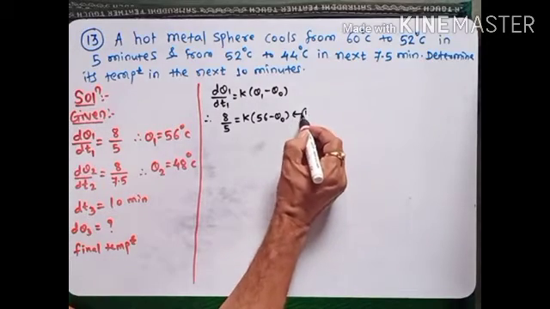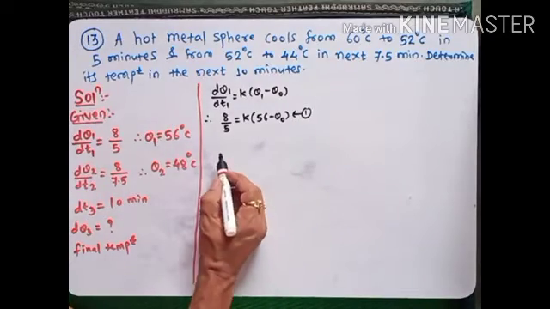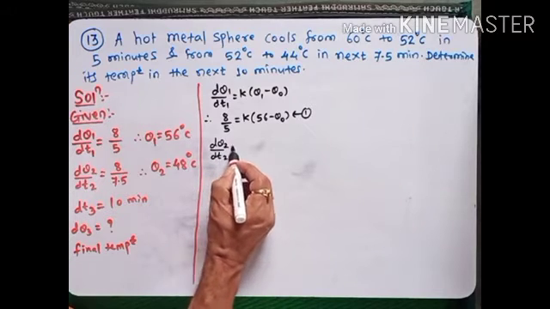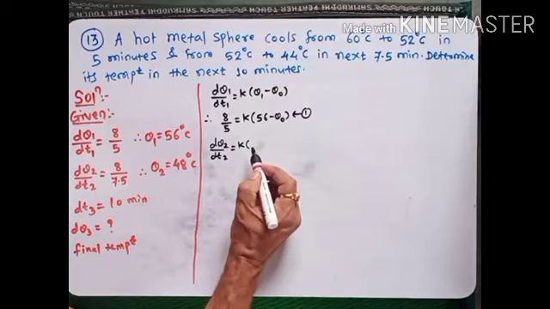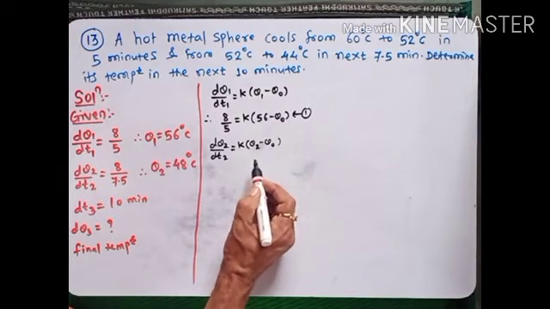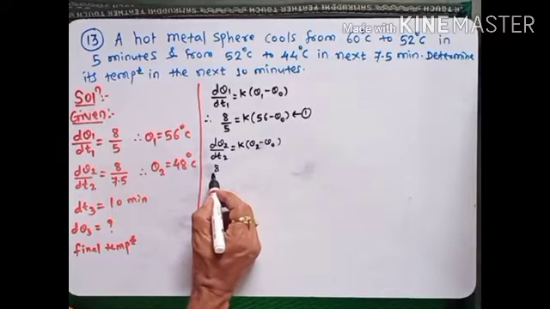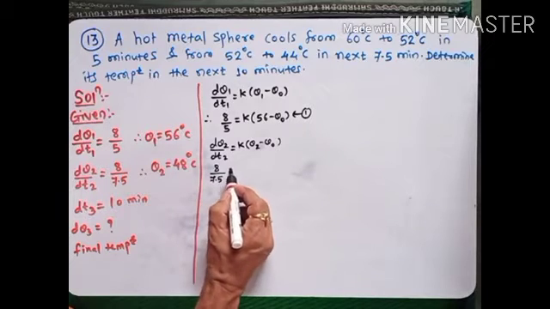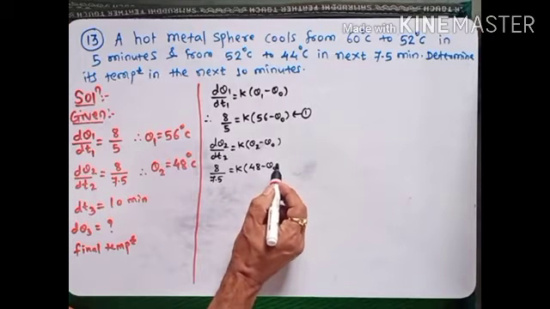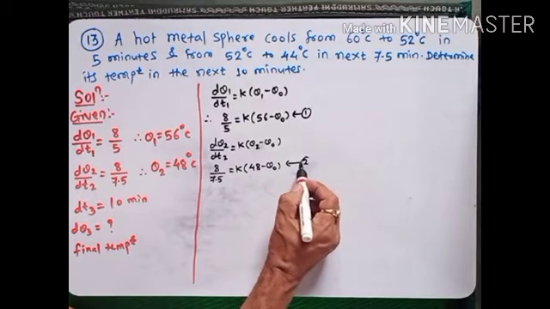Suppose this is equation number 1. From the second, d theta 2 upon dt2 is equal to k into theta 2 minus theta 0, and therefore I will write here 8 upon 7.5 is equal to k into 48 minus theta 0. This is equation number 2.